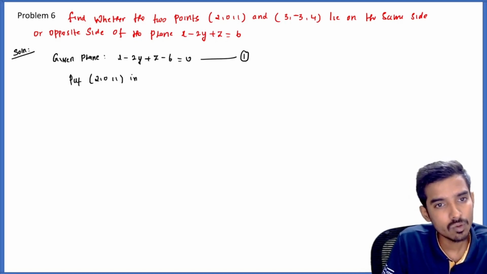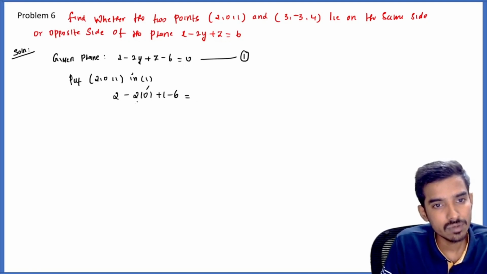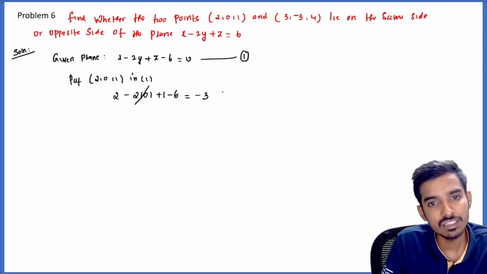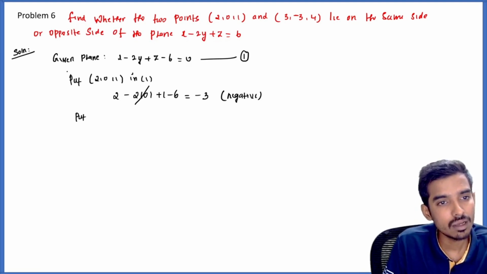So x is 2, y is 0, z is 1. This will vanish. So 2 plus 1 is 3, it is minus 3, which is negative.